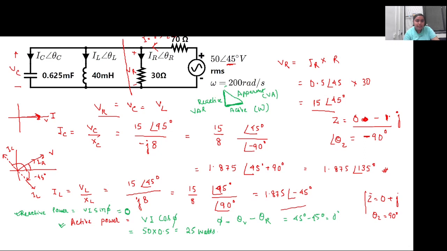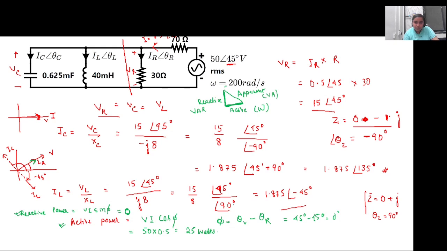In this case, it's very obvious that since the current and the voltage are in phase, we will only have the active power, and the reactive gets cancelled by the capacitance and inductance by themselves. So everyone has followed this? Then we can move to the next question.